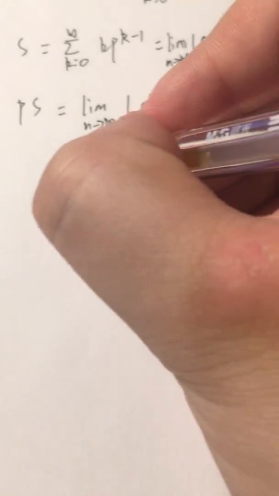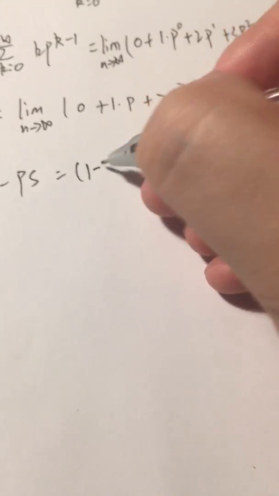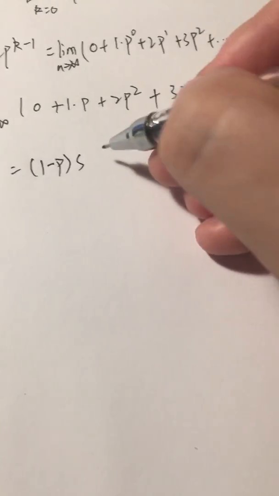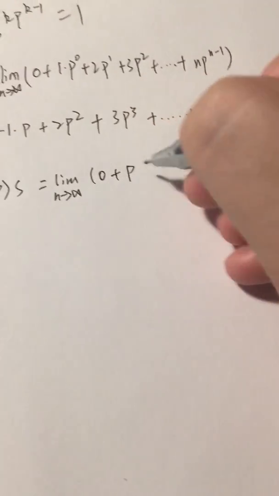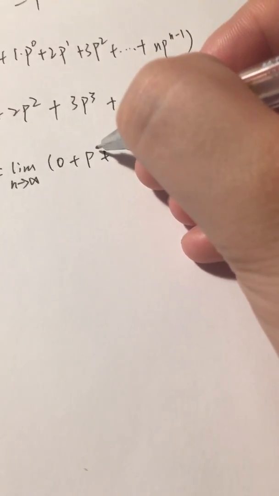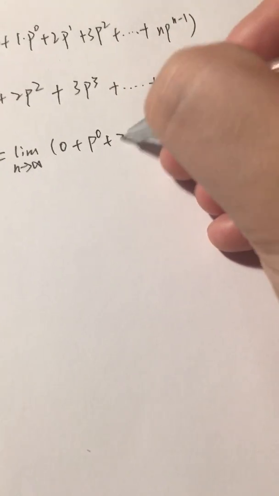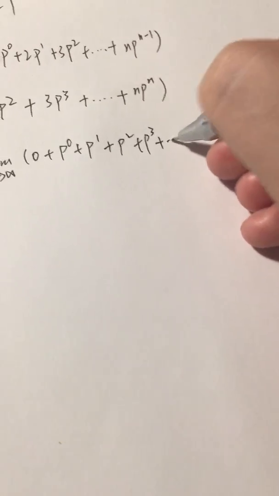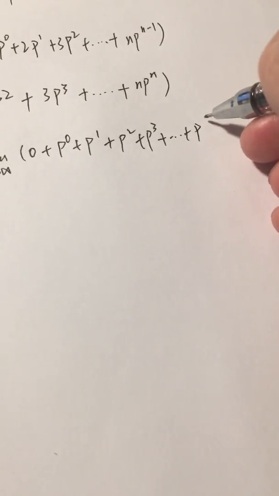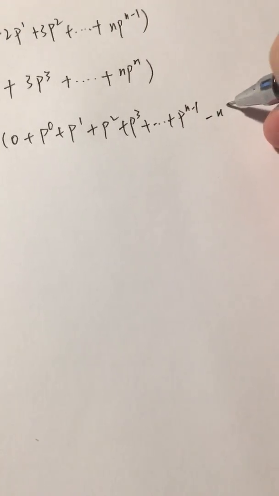Then we use s minus ps, which is 1 minus p times s, which is the limit when n goes to infinity of 1 plus p plus p squared plus p cubed plus and so on, plus p to the power n minus 1, minus n p to the power n.